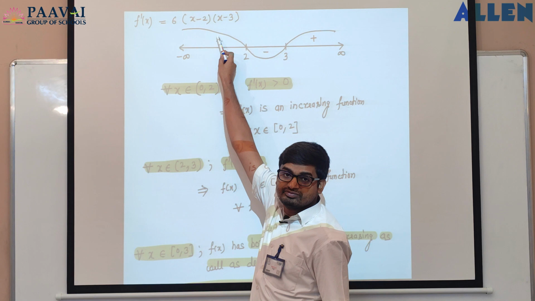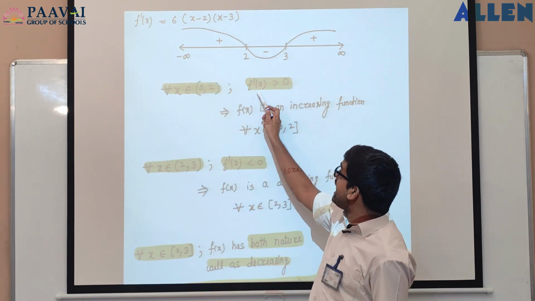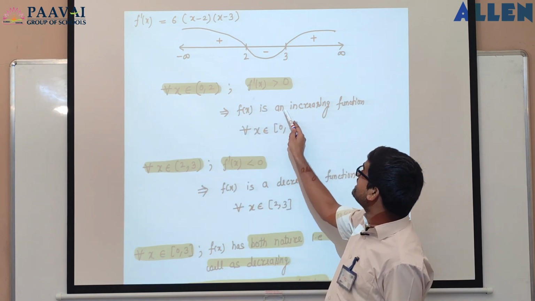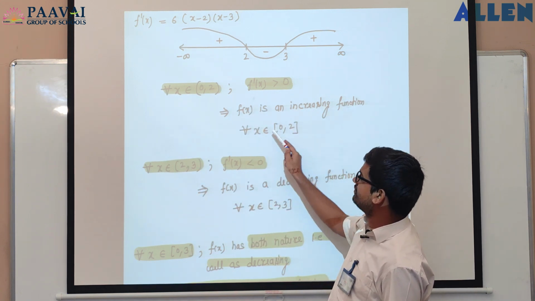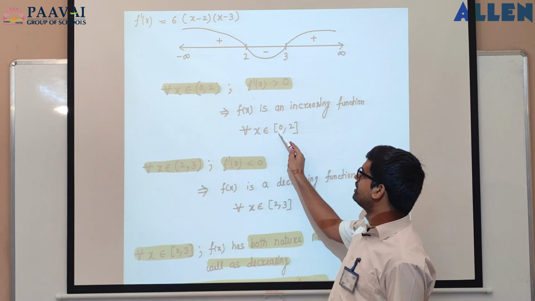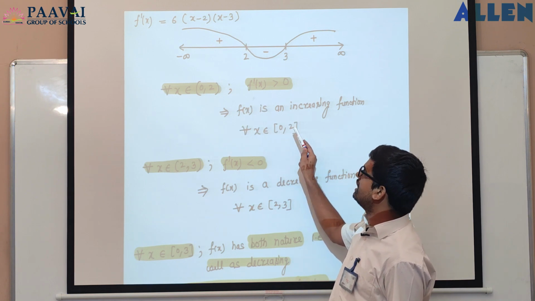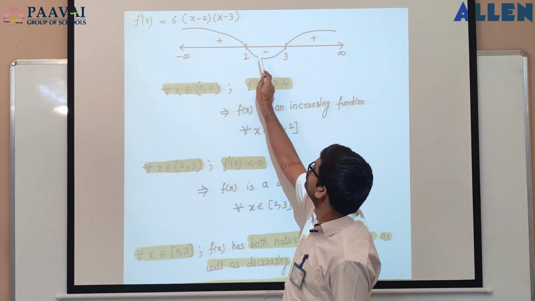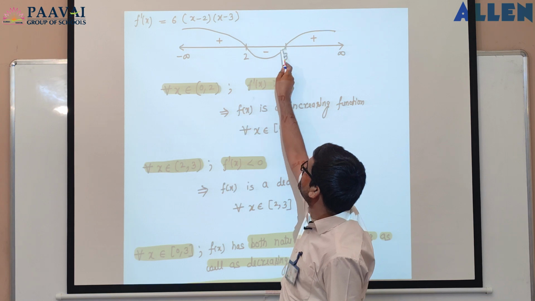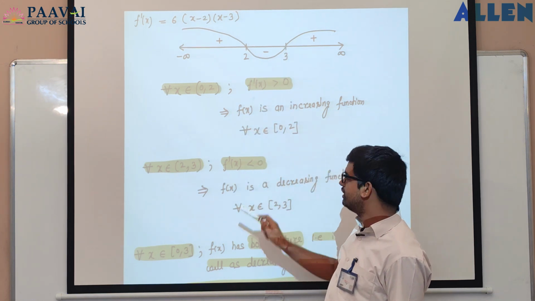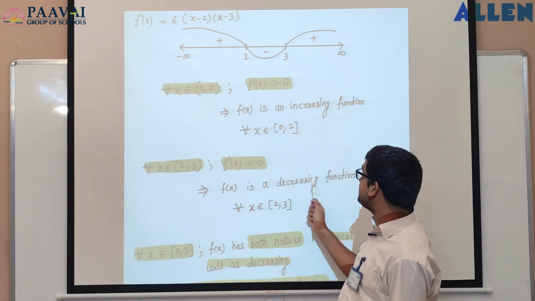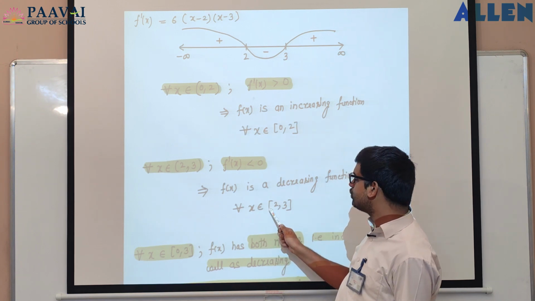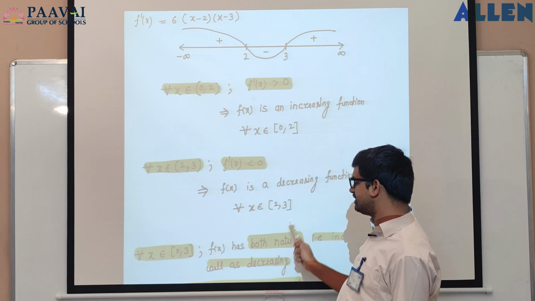Because f'(x) is positive in this interval, f(x) is an increasing function for x in [0, 2]. Again, for all x belonging to (2, 3), the first derivative is negative, so f(x) is a decreasing function for x in the closed interval [2, 3].